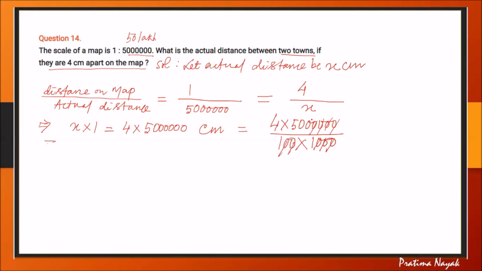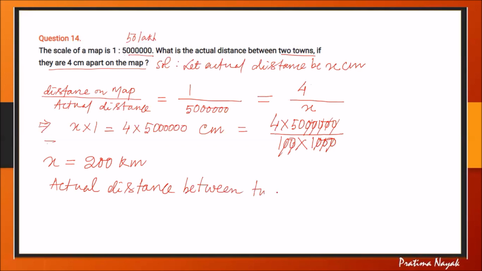So how much remains? It is 200 kilometer. So the actual distance between the two towns is 200 kilometer.